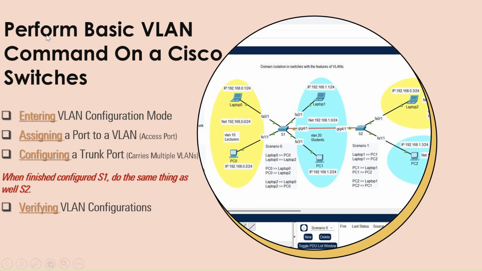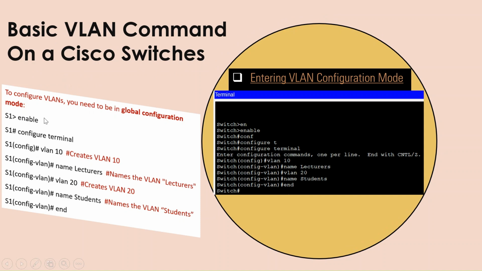For the purpose of performing basic VLAN commands on a Cisco switch, the first step is entering VLAN configuration mode. To configure VLAN, you need to be in global configuration mode.